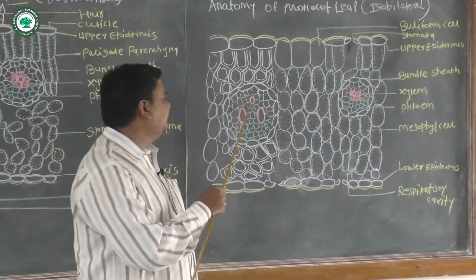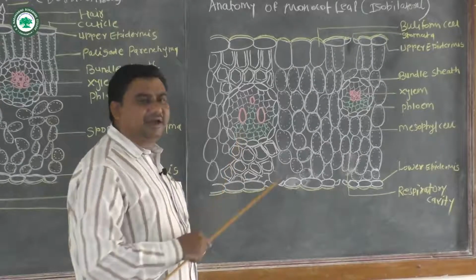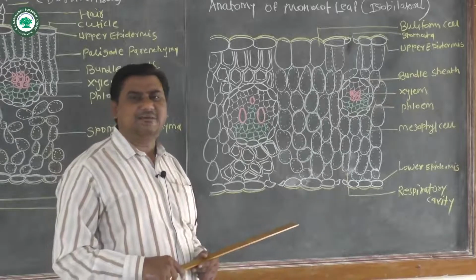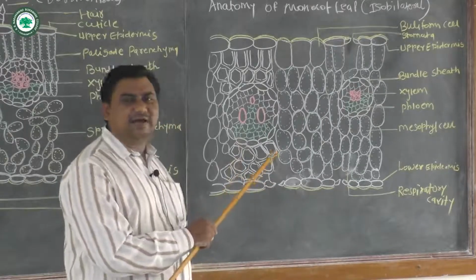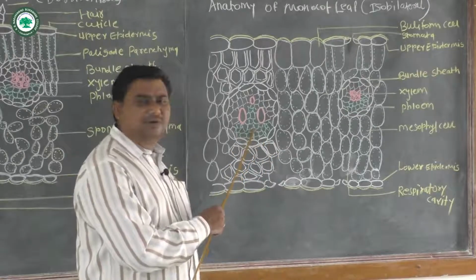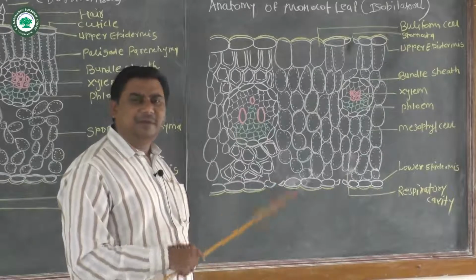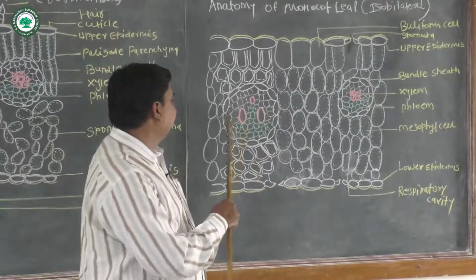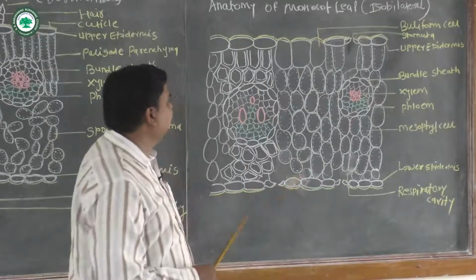So the Y-shaped appearance occurs, or a Y-shaped vascular bundle is here. The xylem is made up of tracheids, vessels and xylem fibers, and below the xylem the phloem is present, made up of sieve tube, companion cell and phloem parenchyma.